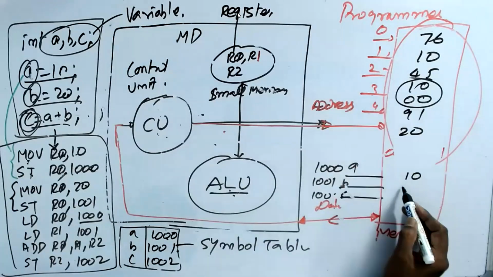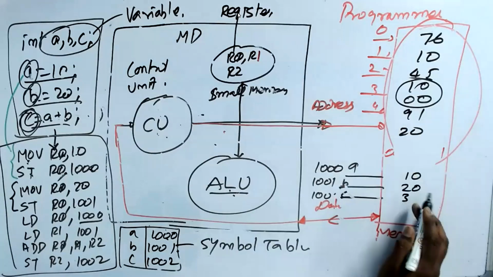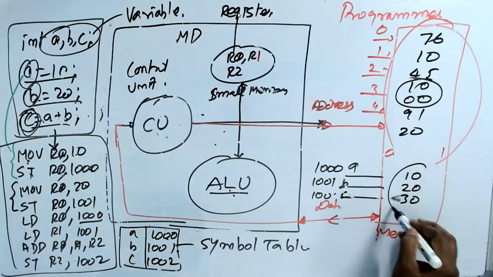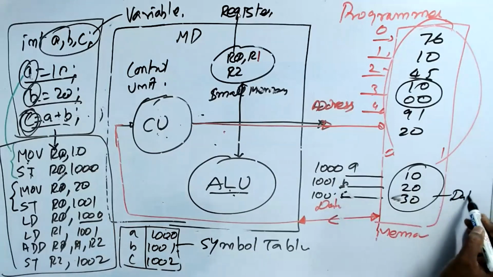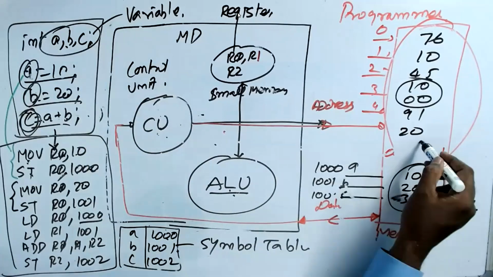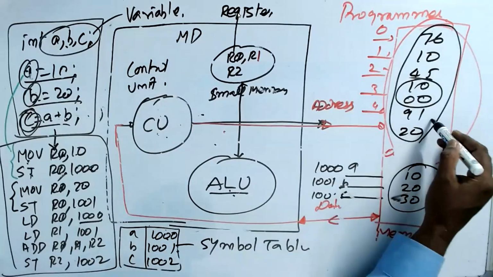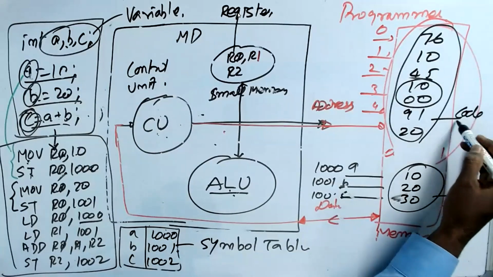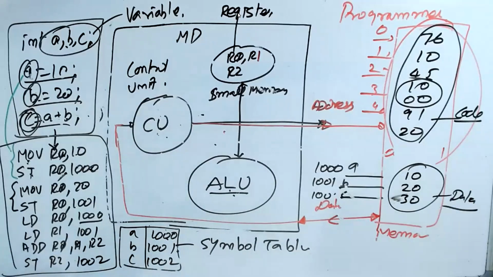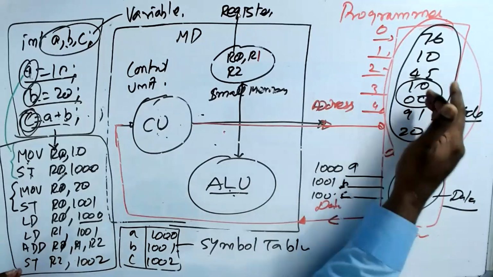It stores 20 here. It stores 30. It adds the numbers and puts the result here. This is called data. Your variable is called data. And this is called instruction or code. Please understand the difference between code and data.